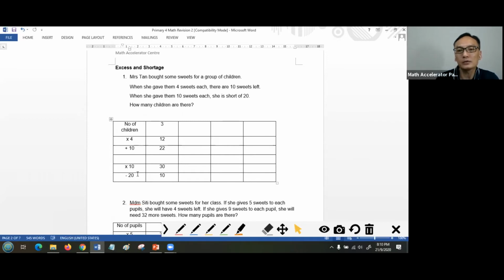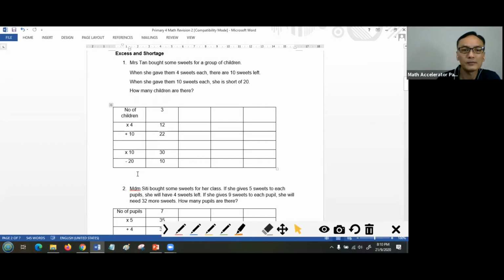This is in terms of multiples. Let me help you break down this question. When she gave each of them 4 sweets, it's a multiple of 4, therefore we multiply by 4. There will be 10 sweets left. That means there will be an excess.